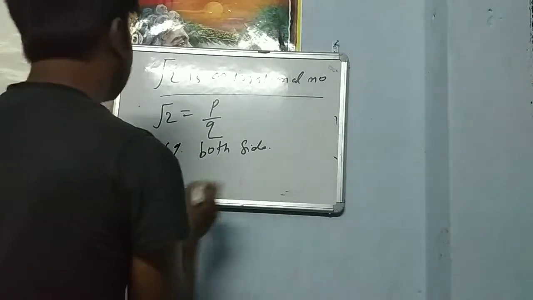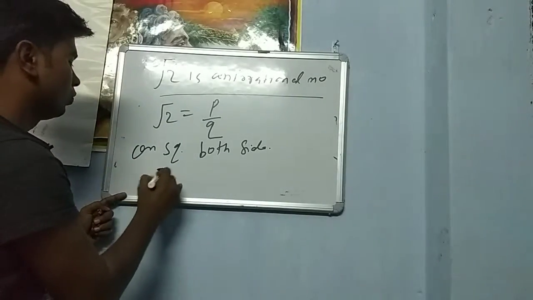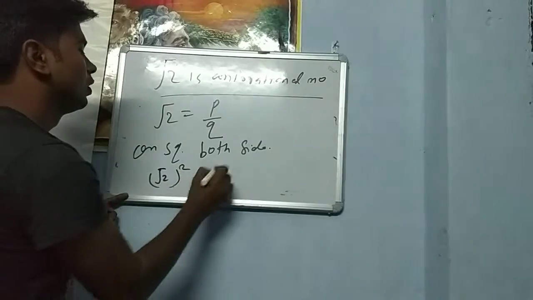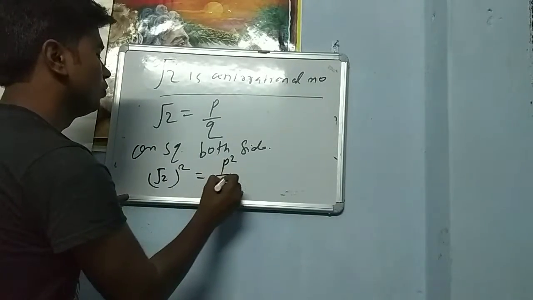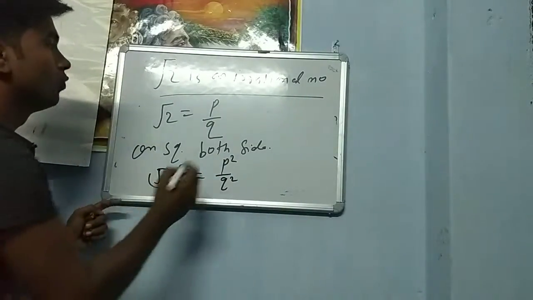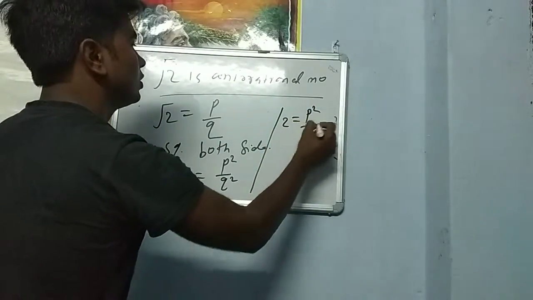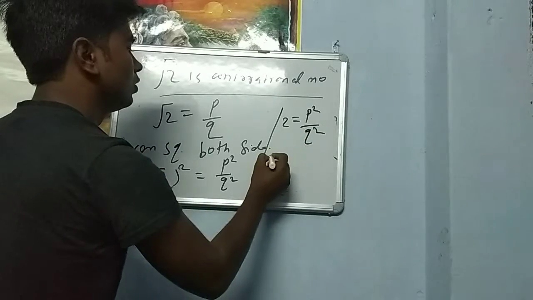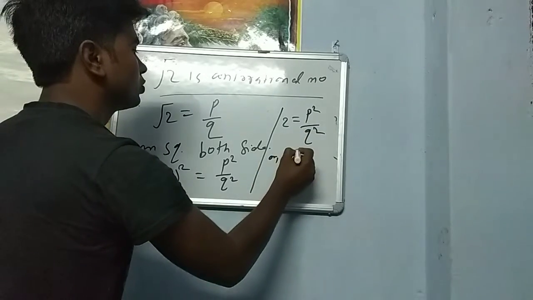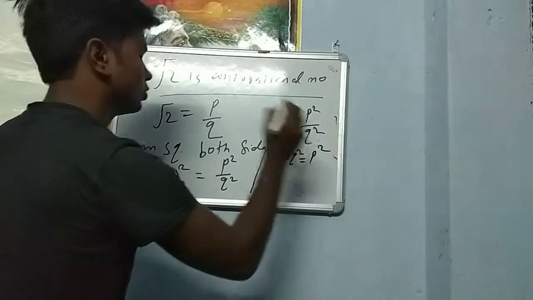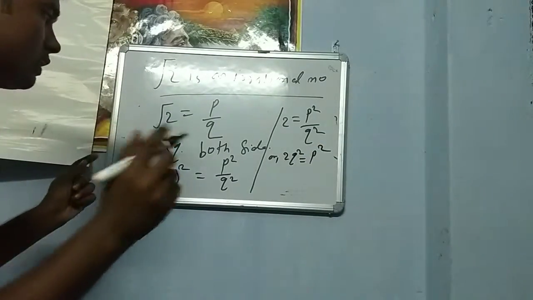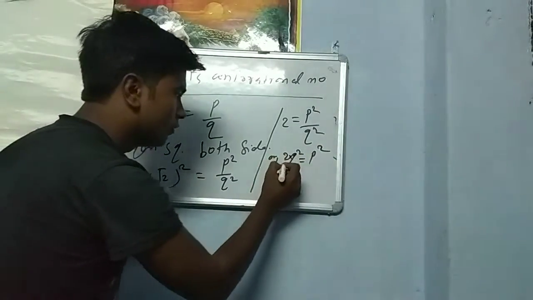So on squaring both sides we get root 2 square equals p square upon q square. So we get 2 equals p square upon q square, and again 2q square is equal to p square. Now we can see here this 2 is multiplied with this q square.